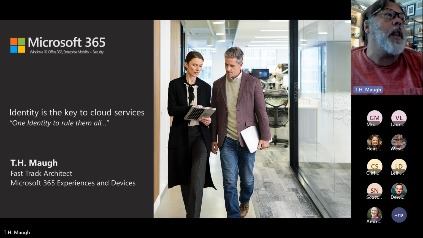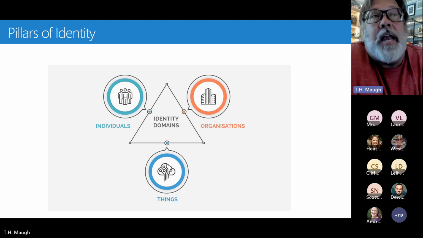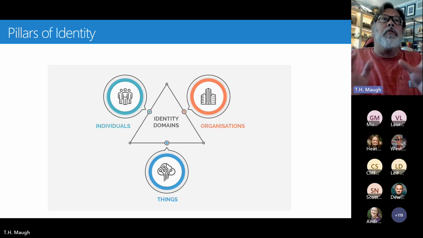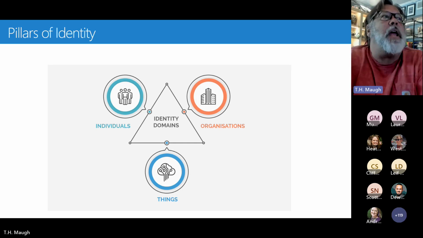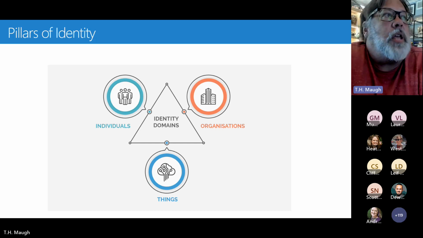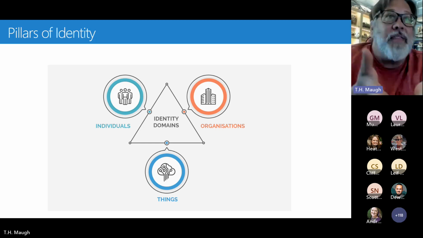And so I like to start with the basics, right? Which is the pillars of identity from my perspective. Everyone thinks about an individual as the key component of identity, but when you really think about it, your organization has an identity, things within your organization have an identity, and the individuals, right?